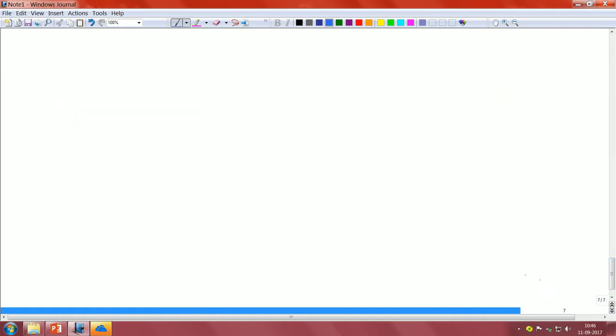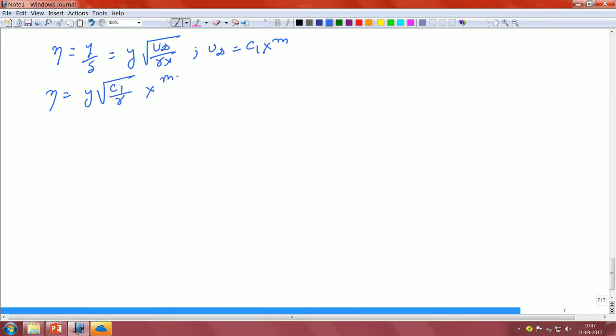Based on this, let us try to see how we can best define the whole framework once again, the self-similarity solution, because that is what we promised. So, eta is equal to y over delta, that is y times the square root of u infinity by nu x. With u infinity equal to C1 x to the power of m, eta is equal to y into the square root of C1 by nu, x to the power of (m minus 1) by 2.